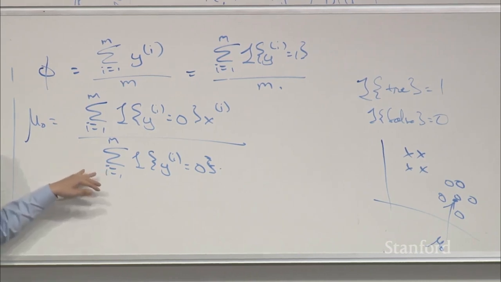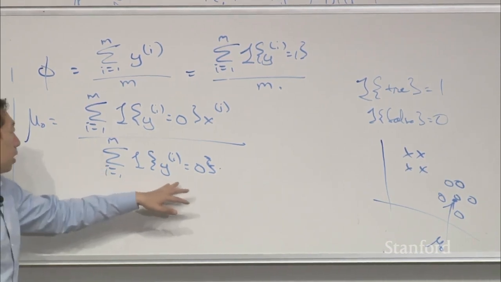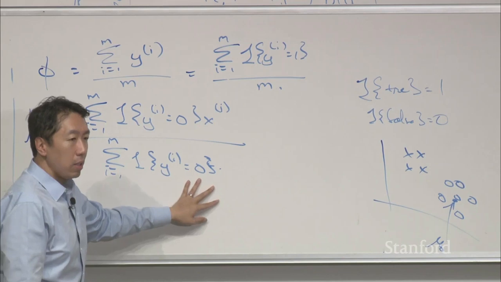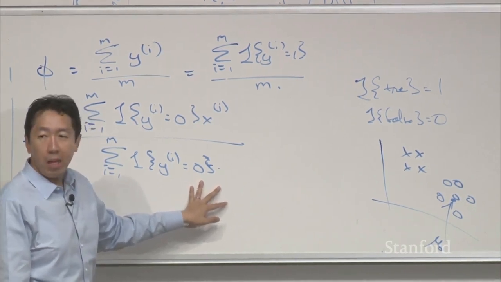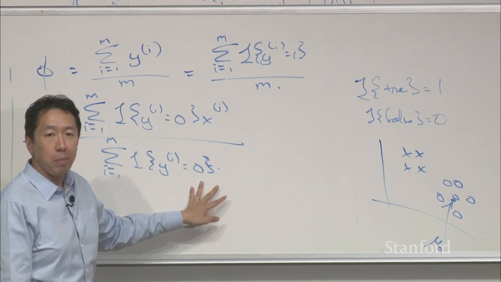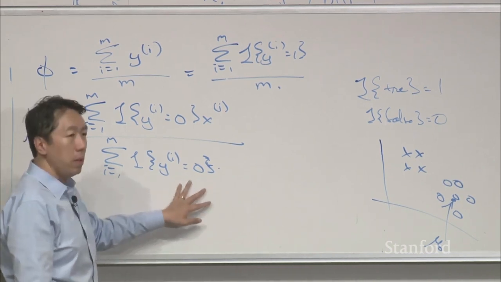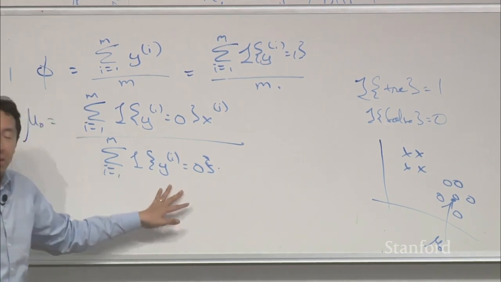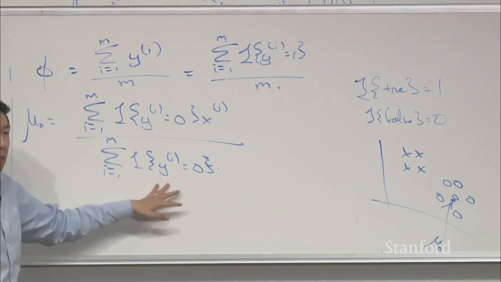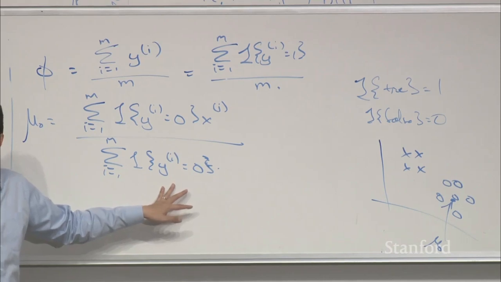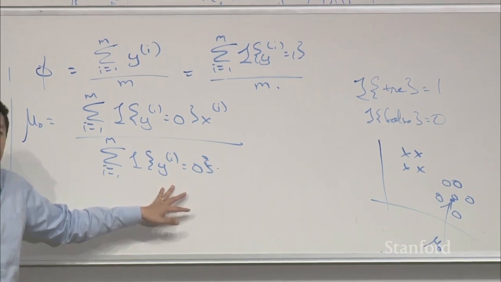The denominator is sum from i equals 1 through m, indicator y_i equals 0. So the denominator counts up the number of examples that have benign tumors, because every time y_i equals 0, you get an extra 1 in this sum. The denominator ends up being the total number of benign tumors in your training set.